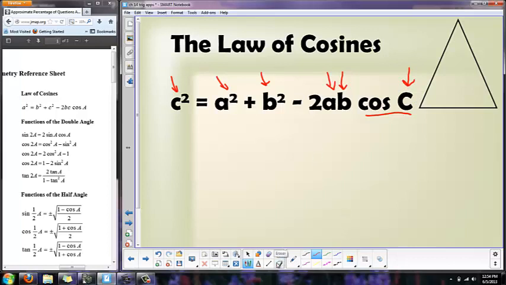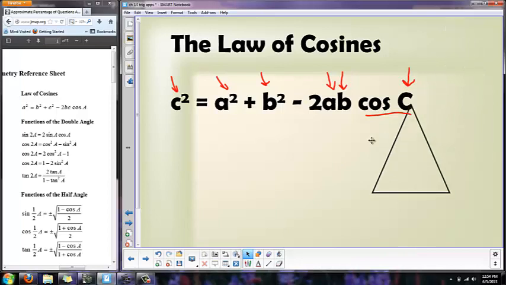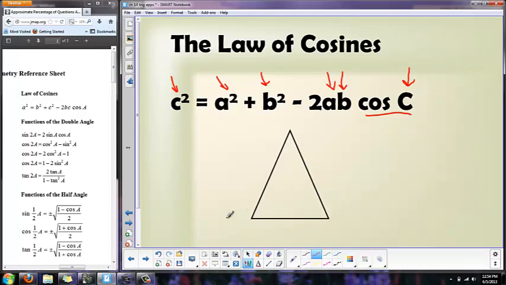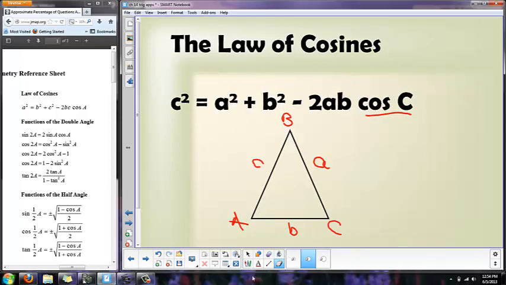Okay, it's the same thing as it always was before, except here is the one thing that I want you to notice. If I label this triangle ABC, okay, little c represents the side across from vertex C. A represents the side across from vertex A, and B represents the side across from vertex B. The only important thing that I want you to recognize about this equation is, you know how in Pythagorean theorem it always mattered where the C was?